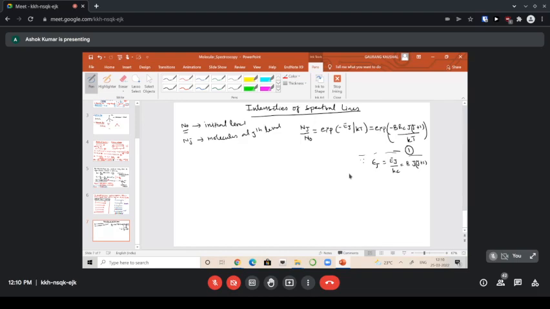Suppose we are given B, which may be 2 centimeter inverse, and T is the room temperature, for example 300 Kelvin.